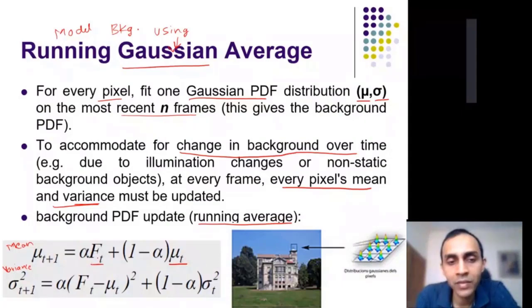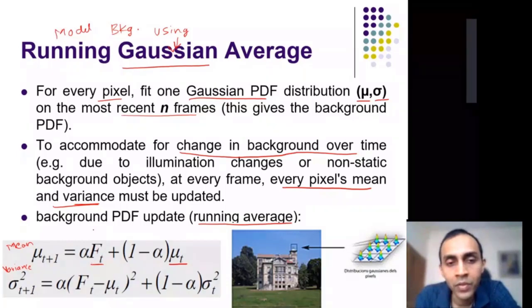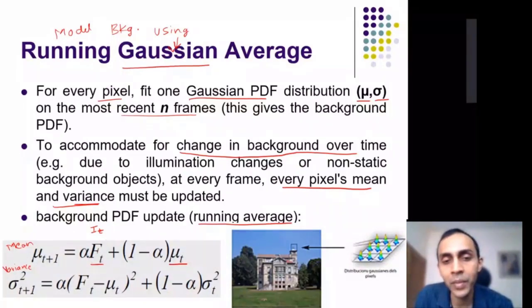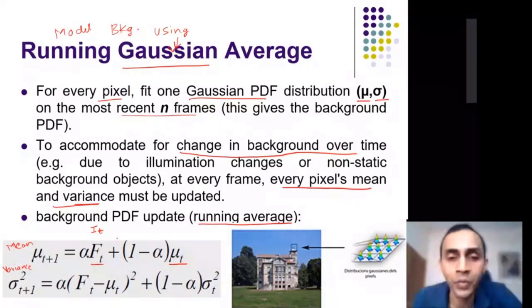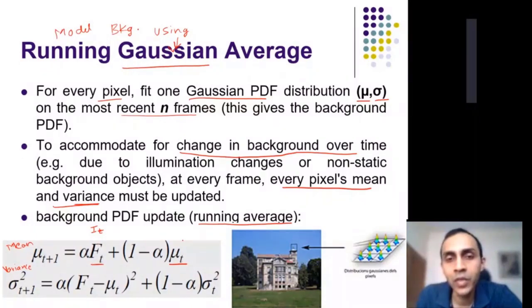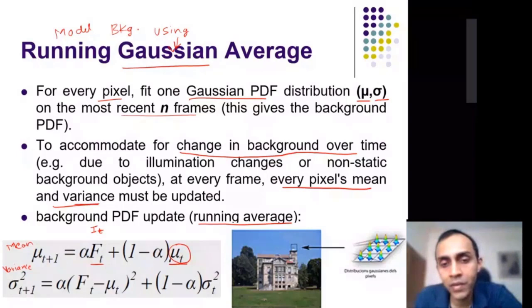This f, I think it should have been better represented as I, because we have been using the notation I. This is the value of the pixel in the video frame at time instant t, the current observation, and this is the mean observed till now, because mu t is the mean of the distribution observed till time instant t using the past n frames. So this is our history, and this is our current observation.